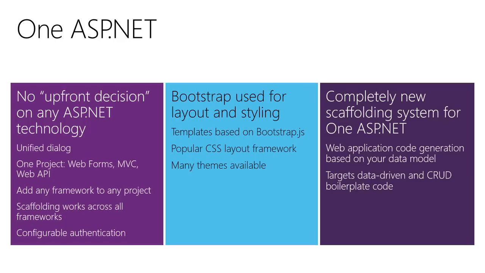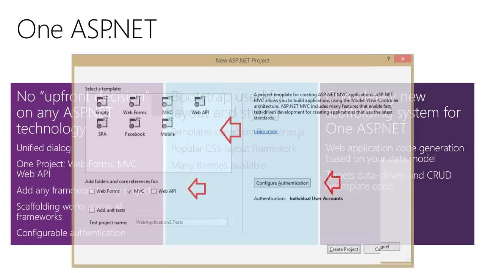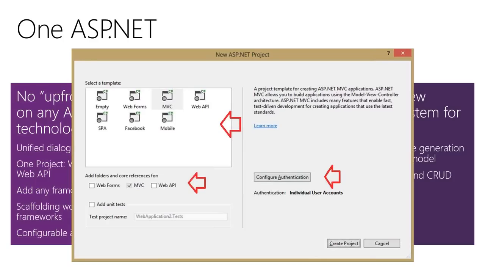The scaffolding now works for MVC, but you can also scaffold some stuff in web forms as well. So they've bridged that over so you can do that on both types of technology if you want. So again, the idea is that when I say I want to build a web application, it's going to come up and ask me what type I want. Notice there's also an empty option there, which is very interesting. And sometimes that may be what you want to do.